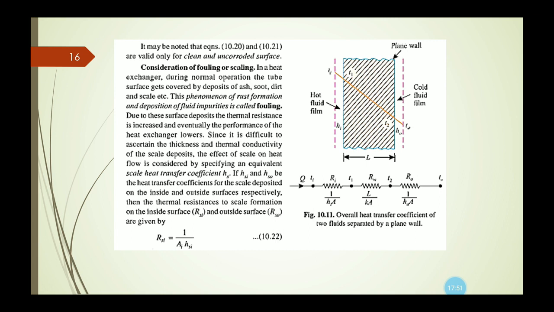The material deposits on the surfaces of the heat exchanger tubes may add more thermal resistance to heat transfer. Such deposits of ash, soot, dirt and scale are detrimental to the heat exchange process for any type of heat exchanger, and this is known as fouling.